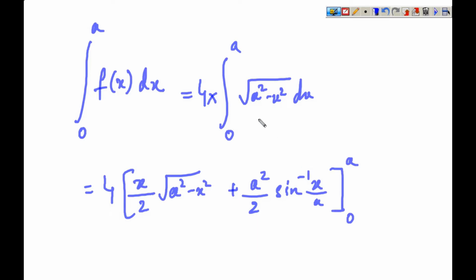If you want to know how I got the integral of the square root of a squared minus x squared as this one, you can write in the comments below and I'll show you in the next video how we do that. But for now, it is actually a standard integral, so we have to learn this. The derivation part, if you want it, I'll teach you. So here I've got 4 times this one, and I just have to apply the limits.